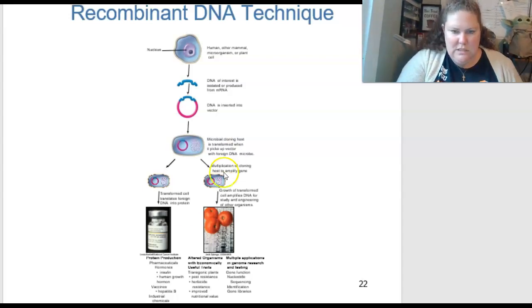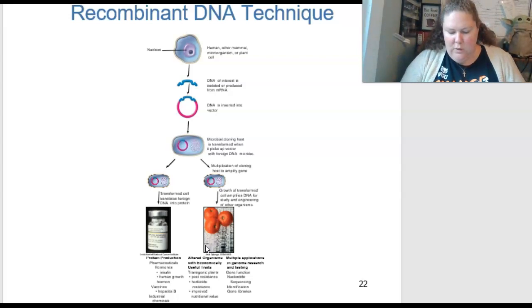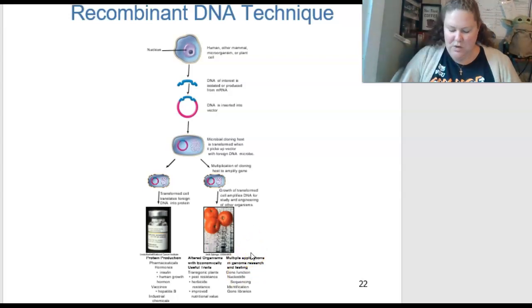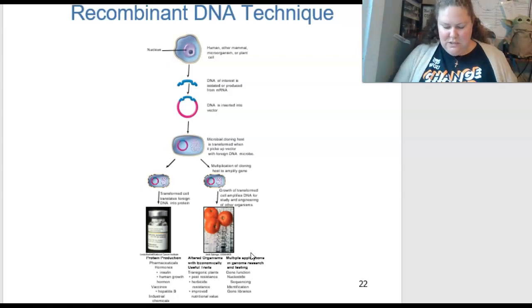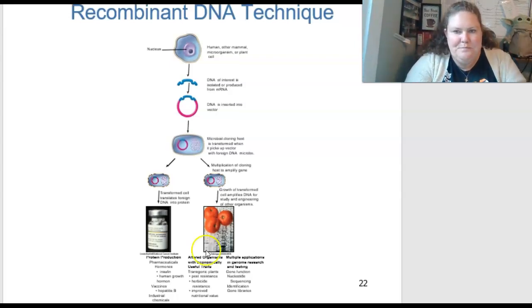We can use these altered organisms for economically useful traits, such as pest-resistant plants, herbicide-resistant plants, improved nutritional values, etc. We can also have additional applications in genomic research, testing and therapy, such as gene function, nucleotide sequencing, identification, gene libraries, and gene therapies. Again, this is figure 10.9 in your book.